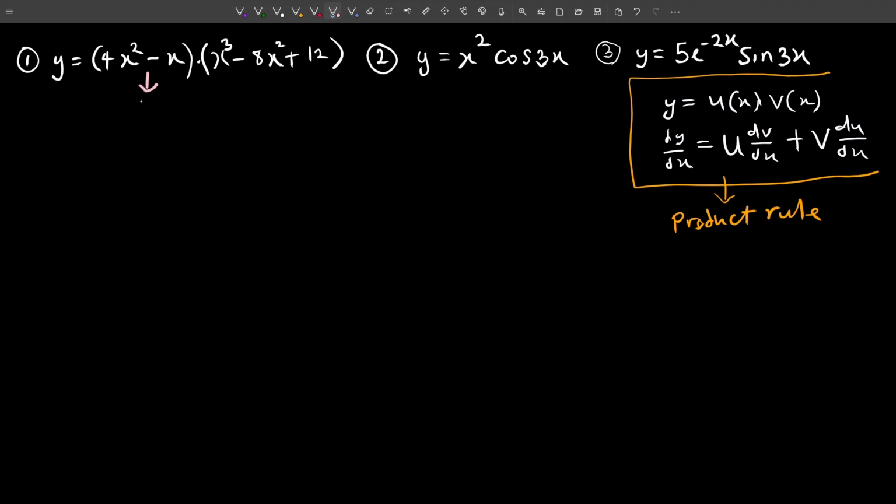So let's say this here looks like u, and this here can be v. So u is equal to 4x squared minus x, and v is equal to x raised to 3 minus 8x squared plus 12. Differentiating u with respect to x, that will give me du/dx, which should be 8x minus 1.